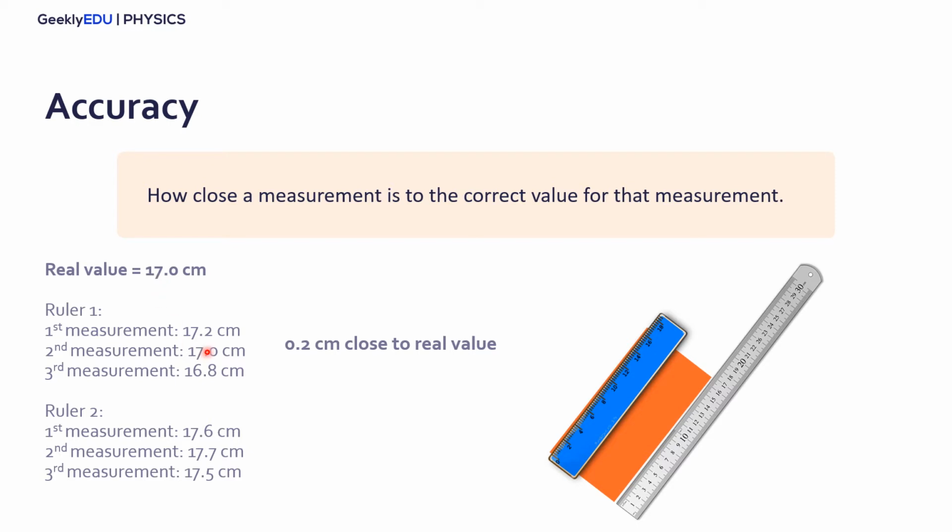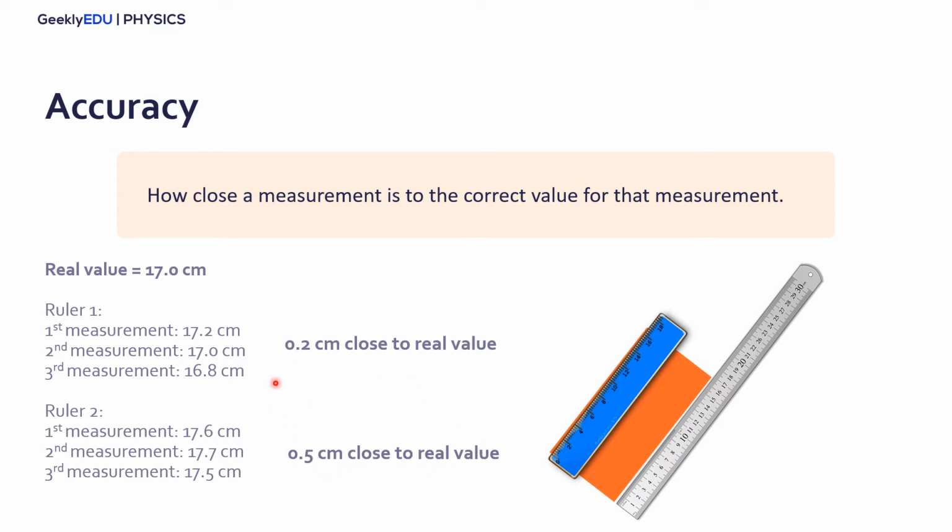It goes from 16.8 to 17.2. Now for the second ruler, the measurements we took are further from the real value, 0.5 centimeters away.